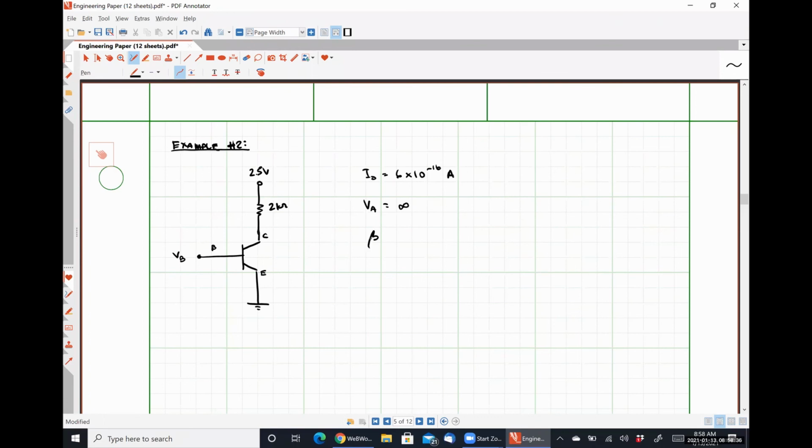So just to be clear, VA equals infinity is shorthand notation for ignore the early effect. And beta is equal to 100. We want to calculate two things. A, what must VB be at the edge of saturation?